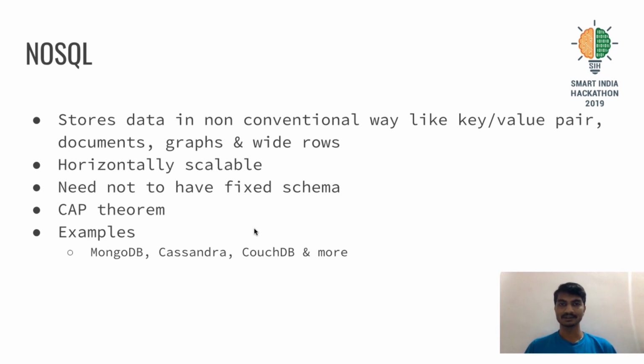I can also configure my database to be wide rows, where the columns increase whenever new data is added. In RDBMS databases, in the same scenario, whenever new data is added, a row gets added, but in wide row NoSQL databases, whenever new data is added, a new column will be added.